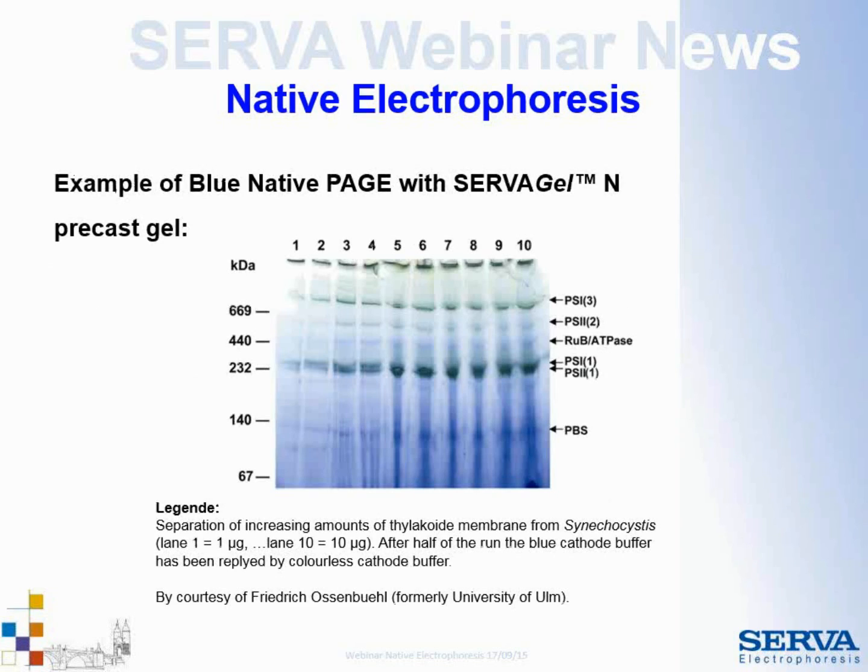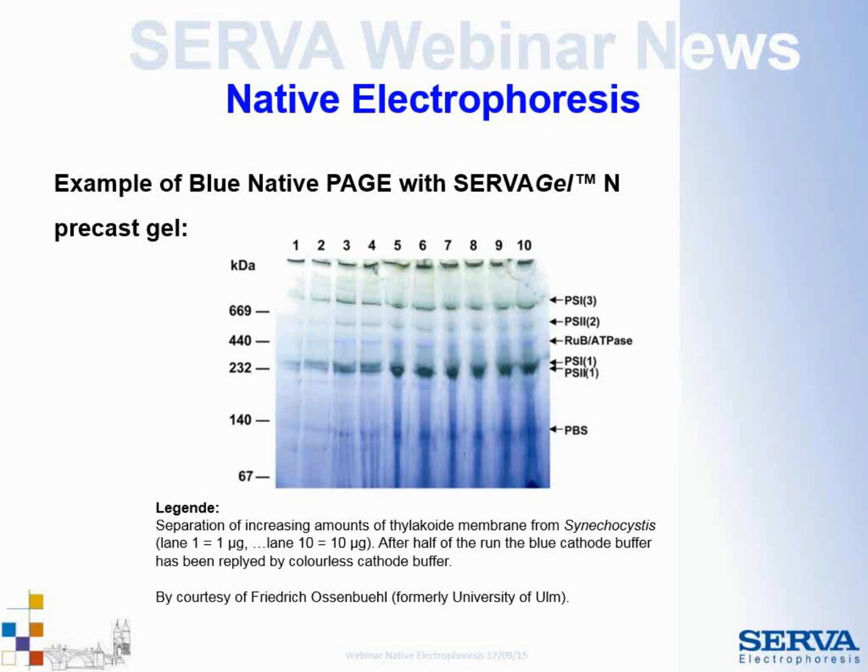Here's an example of a separation of plant proteins on a precast Serva native gel. So the proteins or the protein complexes separated here are from plants and are connected to the chlorophyll complex.